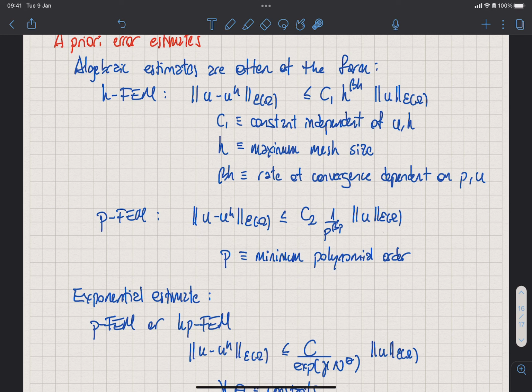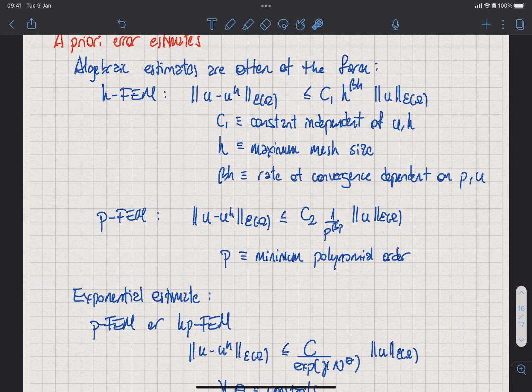Similarly to what we do in Euclidean vector spaces, where if I take the norm of a vector, I am able to quantify the length of that vector. In functional spaces, like the ones we use in the finite element method, the energy norm is what we use to assign a value to something. So we measure things in functional space by defining an error.